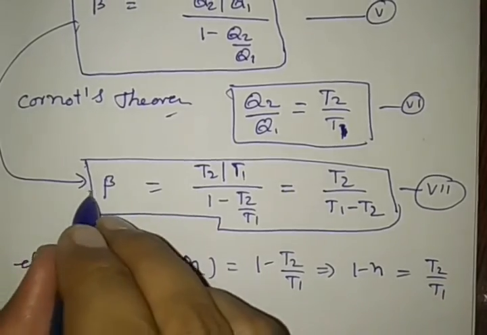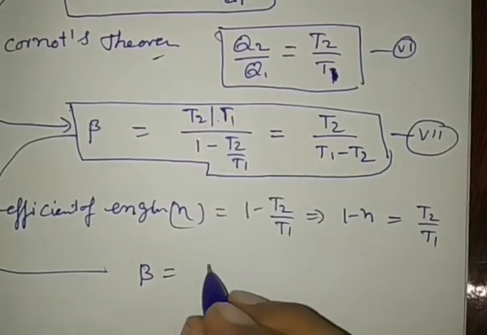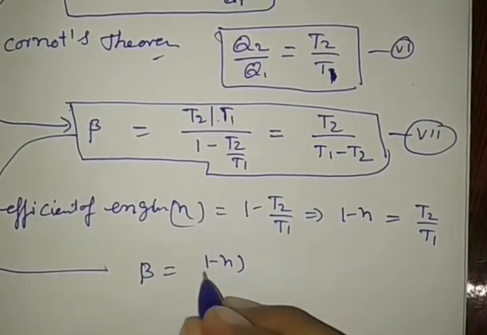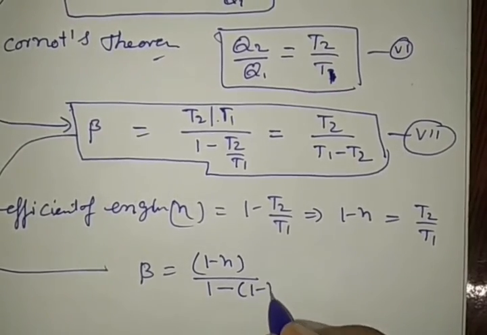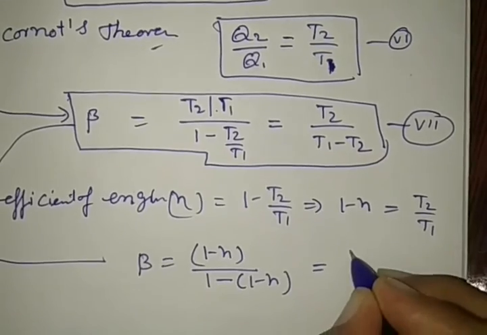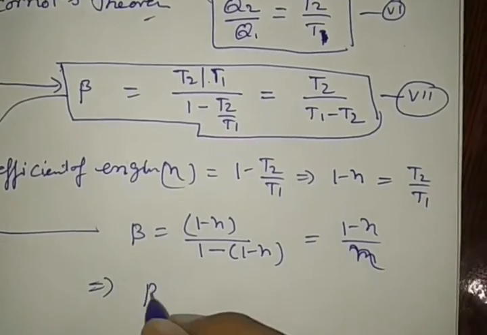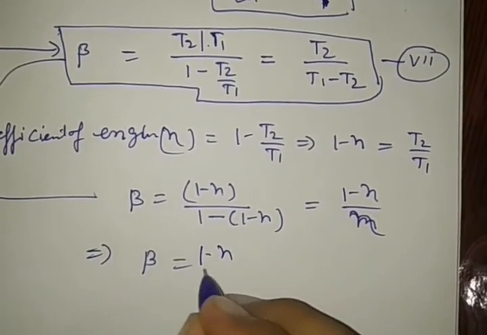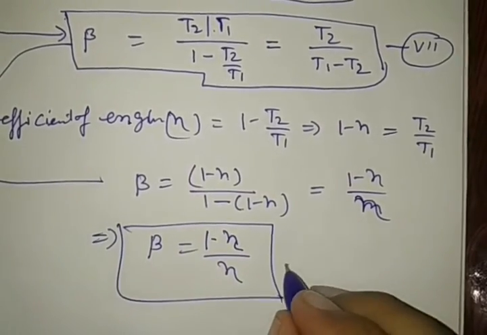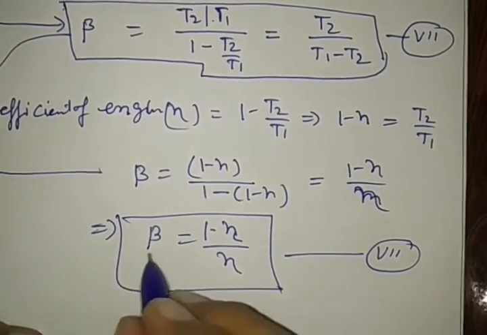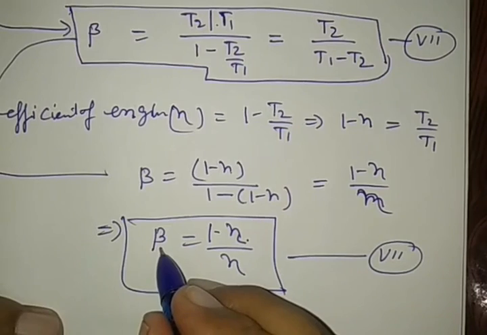So putting this value in the equation, beta can be written as 1 minus eta by eta. So the coefficient of performance is (1 minus eta) by eta. This is one more relation which gives the relation between the efficiency of a heat engine and the coefficient of performance of a refrigerator.